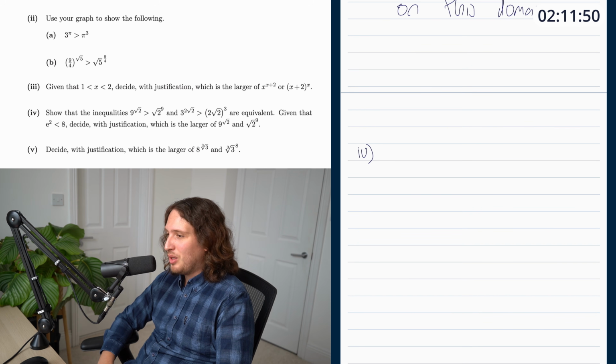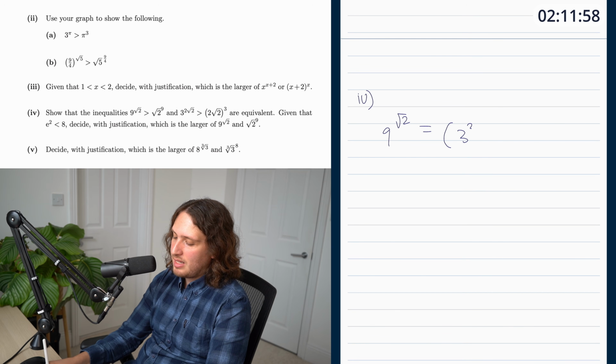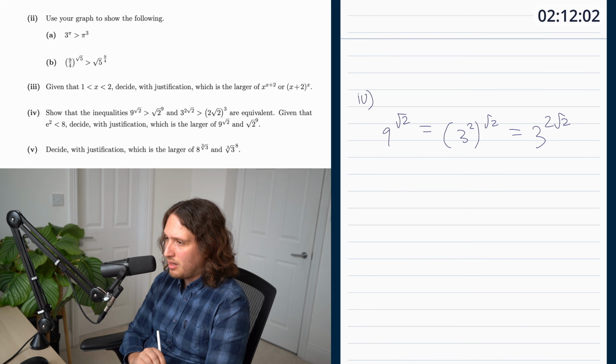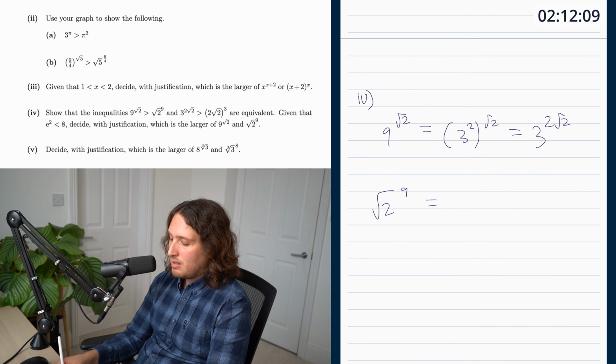I need to show that some inequalities are equivalent in part 4. Oh, well, that's just going to be laws of exponents, right? So 9 to the root 2 is 3 squared to the root 2, which is 3 to the 2 root 2. Bingo. And root 2 to the 9 is 2 to the 9 over 2.